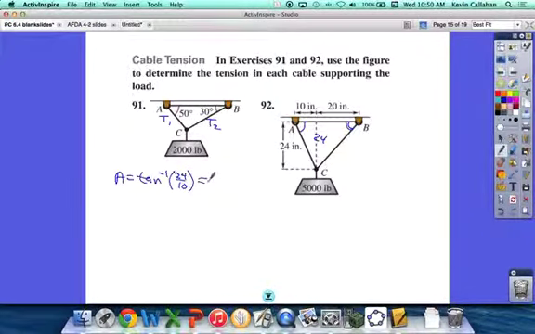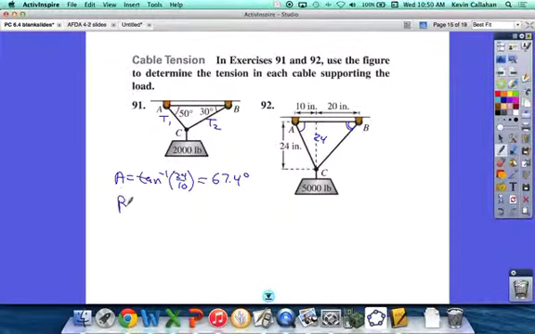And you could do that. Second, clear. Second tan inverse, 24 divided by 10. 67.4 degrees.